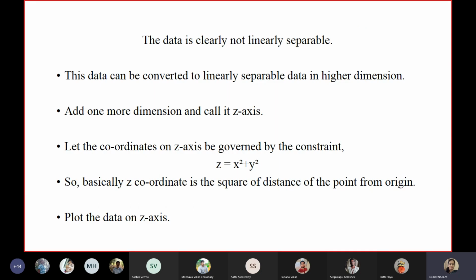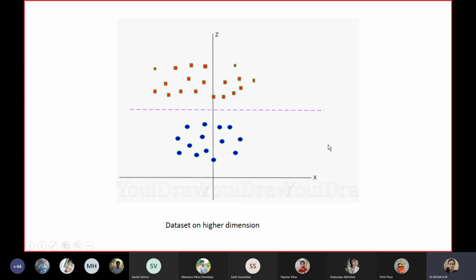And we saw this equation, what if the data is not linearly separable? We add one more axis, the z-axis, and combine the data points x and y. We take the square, so z is the coordinate which is the square of the distances of the points from the origin.